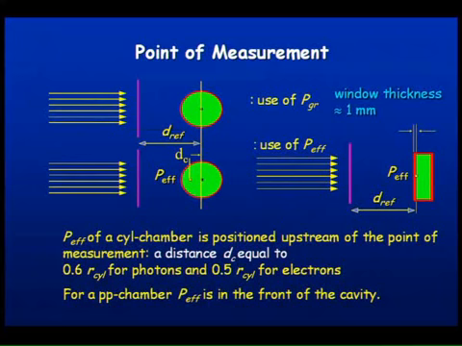People who are very particular about the thickness of the chambers, some of these chambers have a thickness on the order of a millimeter, so they worry about these thicknesses when they set up for calibration measurements.